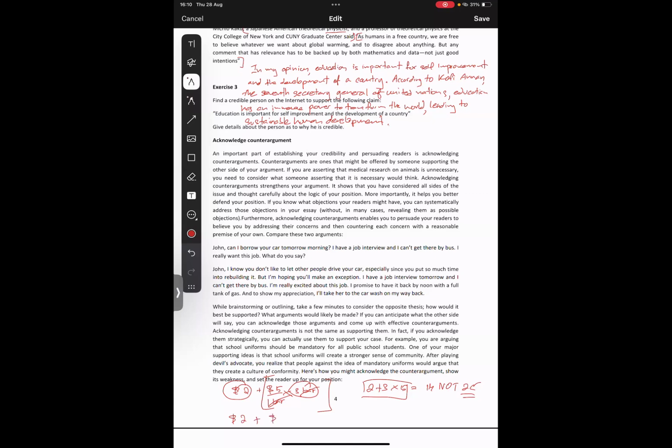Add another 15, that is from my sale. This is money that you get for free, and this is the money that you make from selling your products. Now they have the exact same unit. They're both in dollars. Now you can add up. So 2 plus 15 is 17.